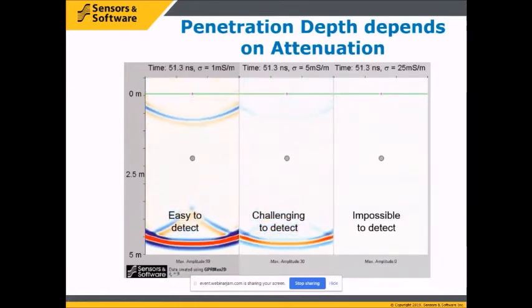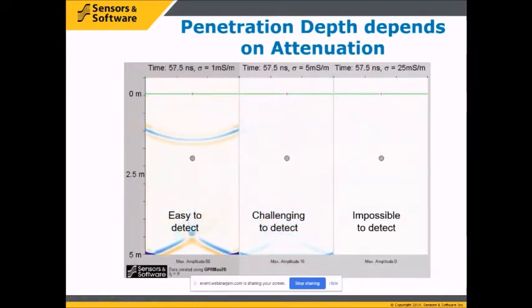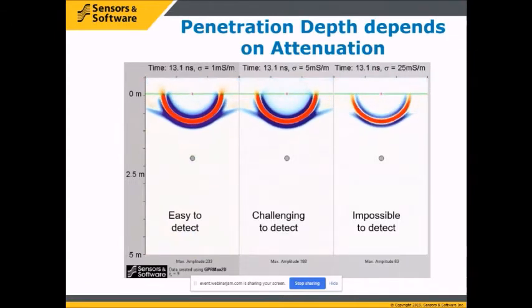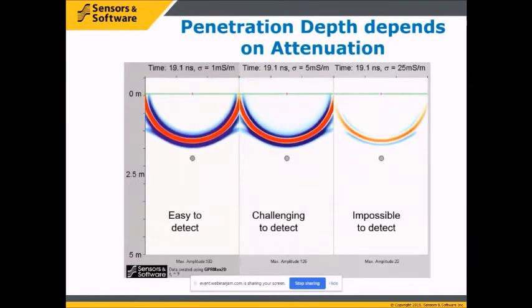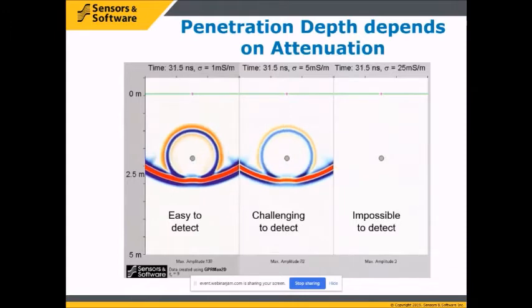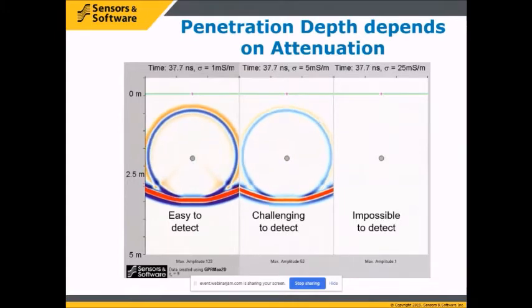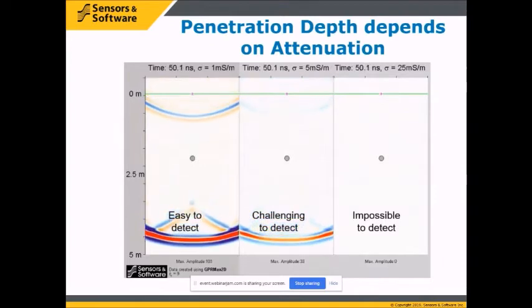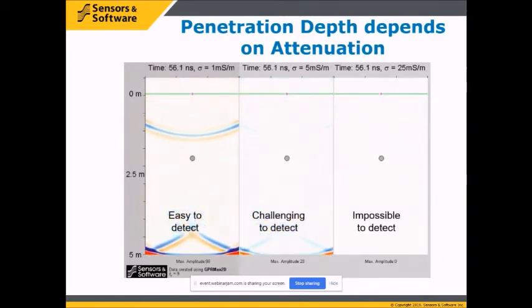On the right is unfortunately what many soils are like. They have high electrical conductivity and absorb the GPR signal quickly. In this case, the GPR energy makes it down to the object and reflects, but it's completely absorbed before it makes it back to the surface. This object is invisible to GPR.